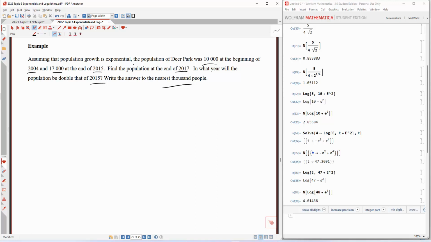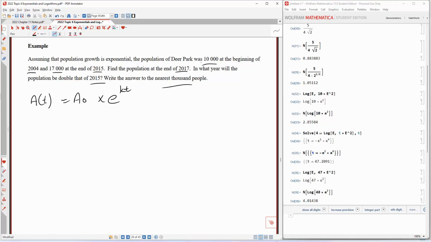Okay, so what are we going to do with this one here? I think we'll just use our own version of the formula: A of t equals A naught times e to the kt, because it doesn't suggest a model.